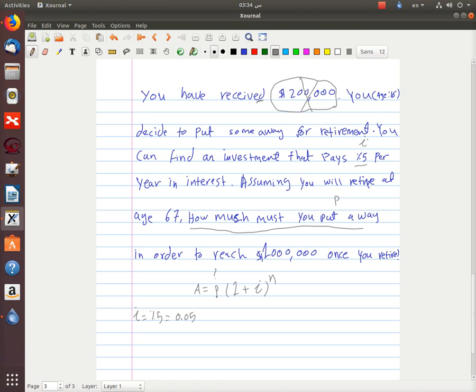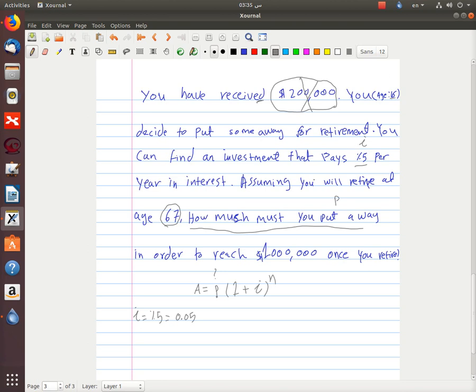Now I've got I, per year in interest. Assuming you will retire at age 67, you can say that 67 is N, the number of years, but you are already 16.